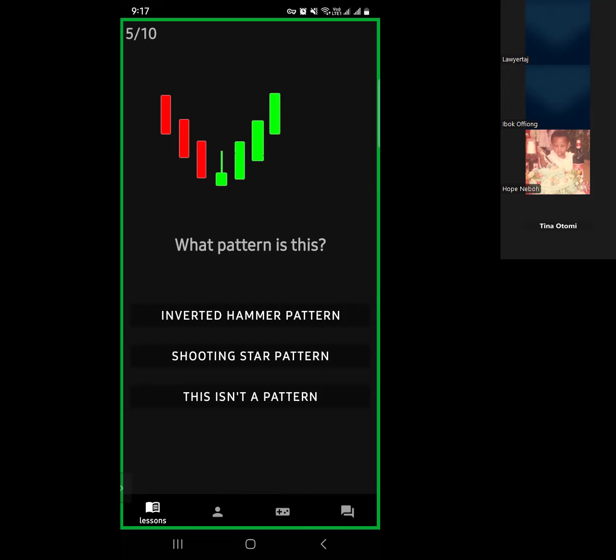Don't think too much. Inverted hammer pattern. I see three white soldiers, I see three black soldiers, and then I see something that is formed there that shows the reversal.